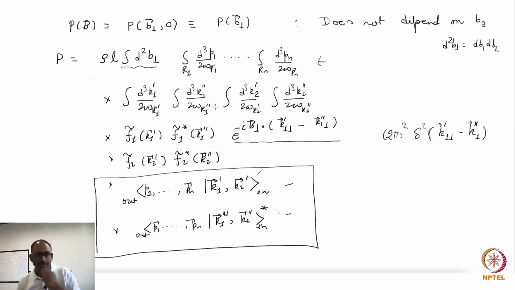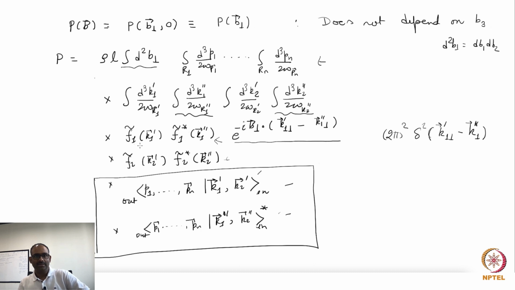You have corresponding delta functions, right? So when you integrate over k1 double prime and use the delta function which says k1 double prime is equal to k1 prime, the three components of them, then what will happen here is this one will turn into f1 star k1 prime, and this one will turn into f2 star k2 prime.